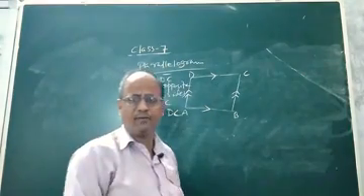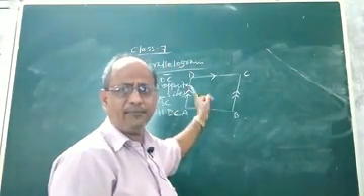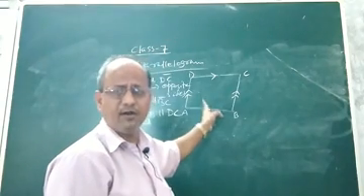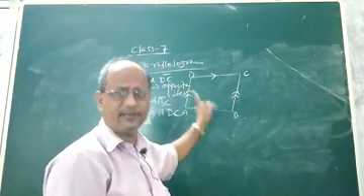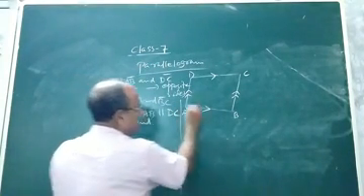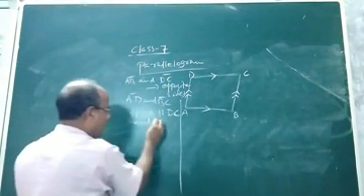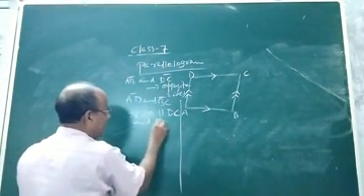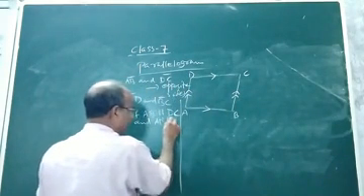So a parallelogram is a quadrilateral in which both pairs of opposite sides are parallel. That means AB and DC are parallel, and AD and BC are parallel.